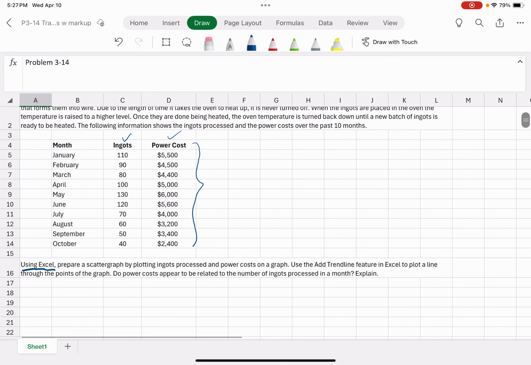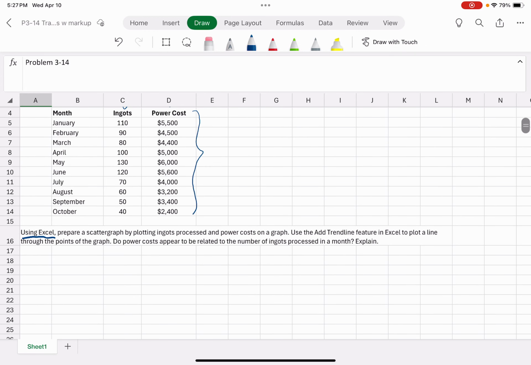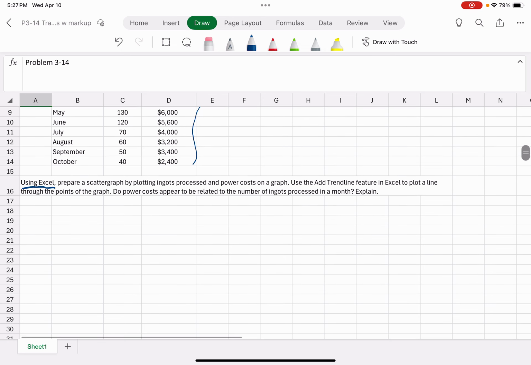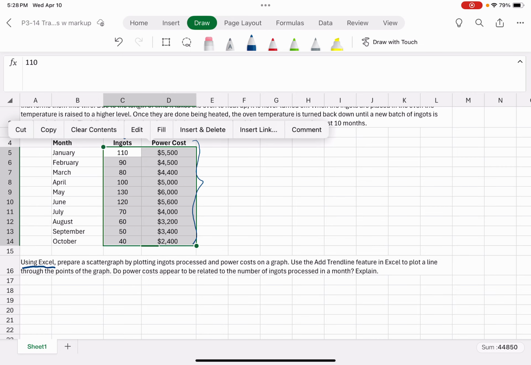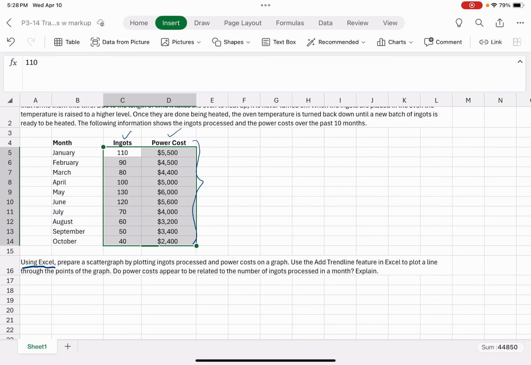Of course, in an exam, I could not ask you to do this because we unfortunately don't have access to Excel in an exam. However, I thought it would be useful to show you how to do this anyway. So in order to create a graph in Excel, they're actually called charts. The first thing you do is you highlight the data, as I've just done, and then you insert a chart.